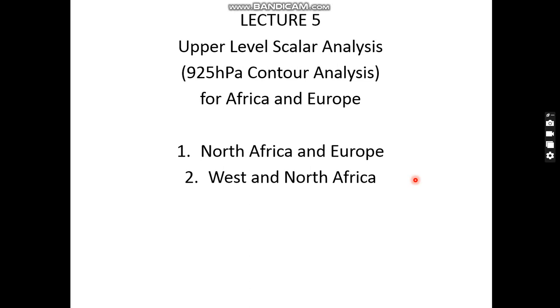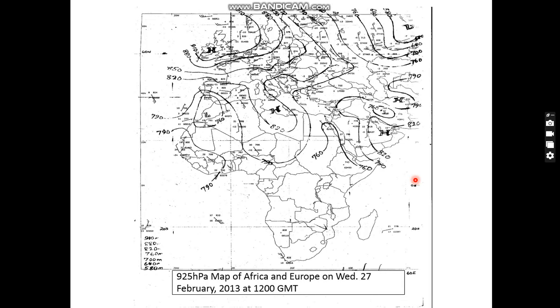Now, this is the analyzed map of Africa and Europe, and this analysis is the geopotential height contour analysis for 925 hectopascal.